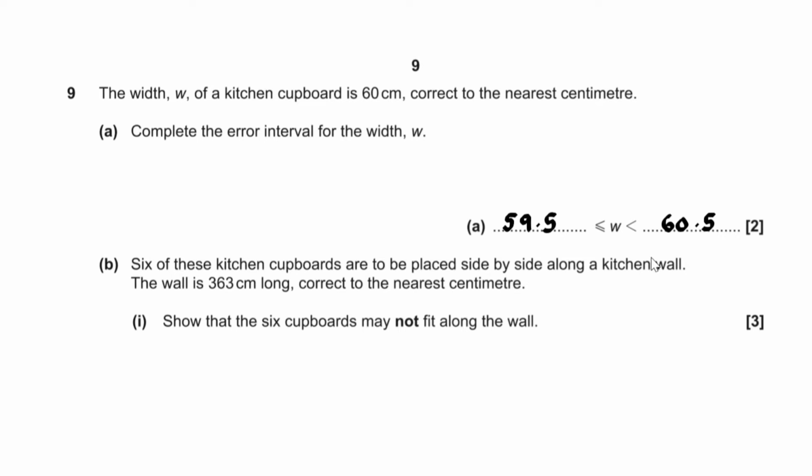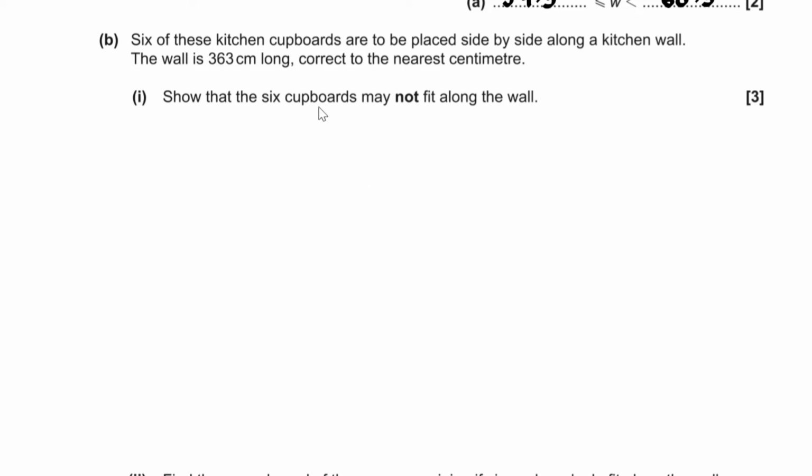And therefore, for our error interval, 59.5 is less than or equal to W, which is less than 60.5. For part B, 6 of these kitchen cupboards are to be placed side by side along a kitchen wall. The wall is 363 centimeters long, correct to the nearest centimeter. We have to show that the 6 cupboards may not fit along the wall.